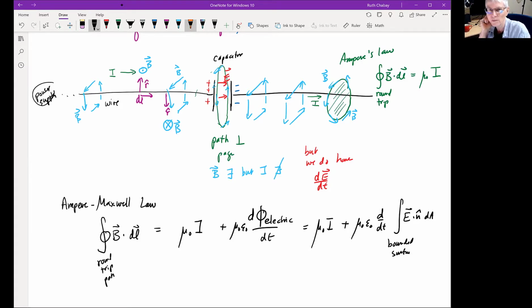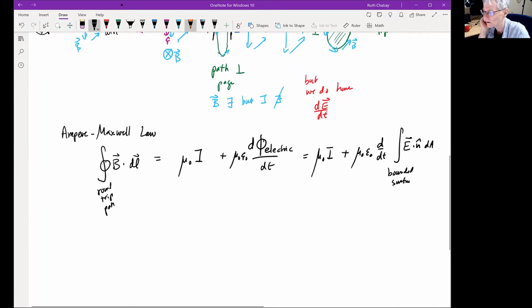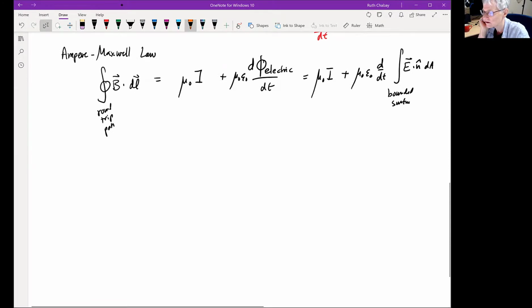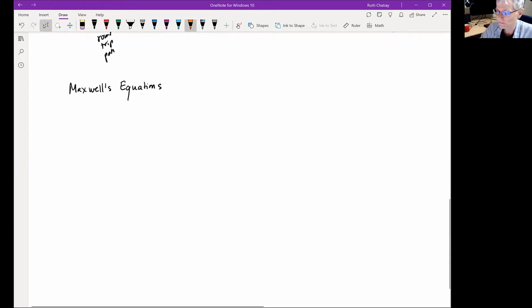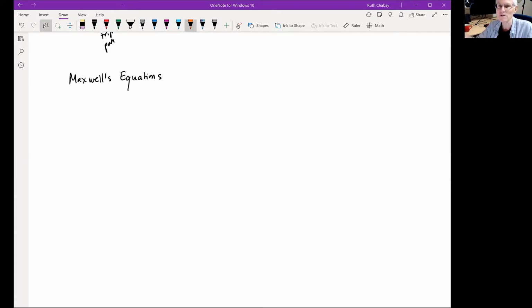So now what we've come up with here is a set of equations that are called Maxwell's equations, because Maxwell was the first person to write them down. They looked a little different when he wrote them because he didn't have the vector formalism, so he had lots of equations, one for every component of everything.